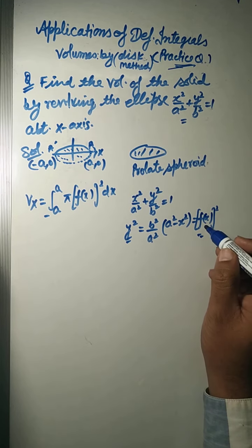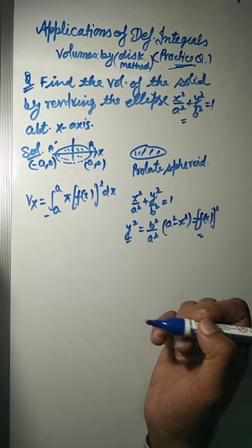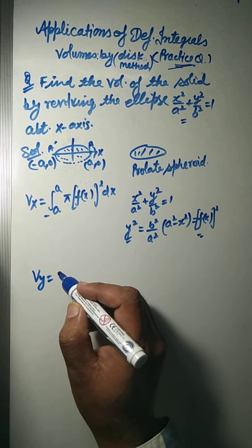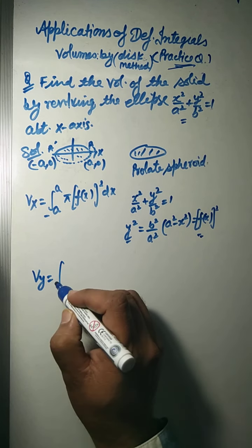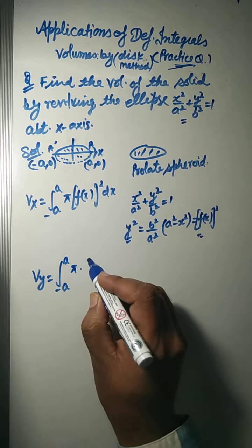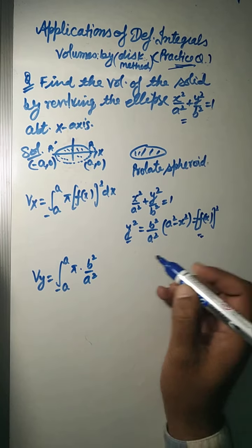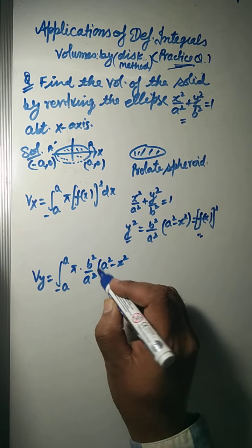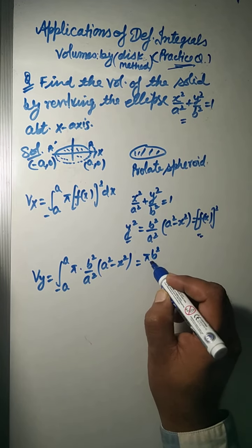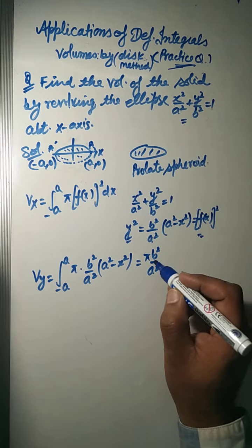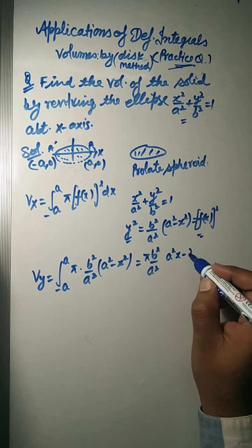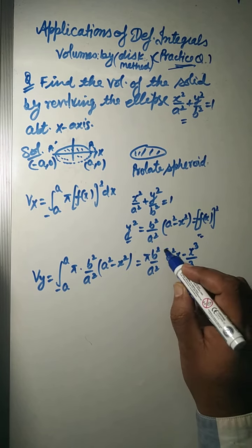Now putting the value in this integration, we will obtain Vx equals the integral from minus a to a of pi b squared upon a squared times a squared minus x squared. Now these are constants, so pi b squared upon a squared, and integration of this is a squared x minus x cubed upon 3.